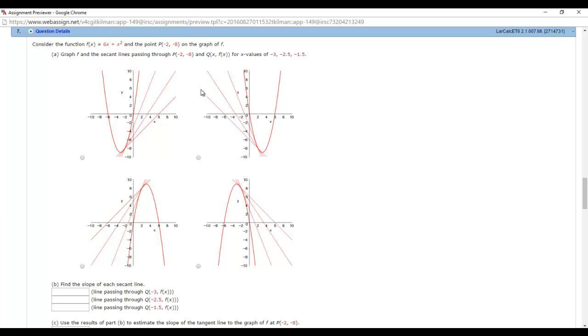Okay? If the coefficient of your quadratic term is negative, that means your parabola will be opening downwards. So these 2 right here are opening downwards. So they would have an equation where the quadratic term is negative. Here we have a quadratic term is positive. So these 2 are ruled out right off the bat.